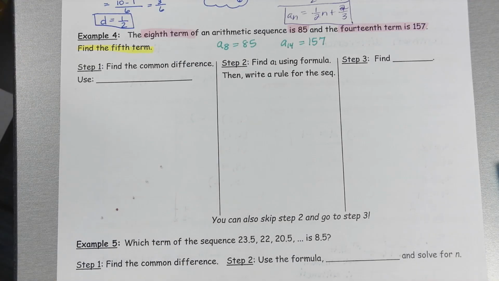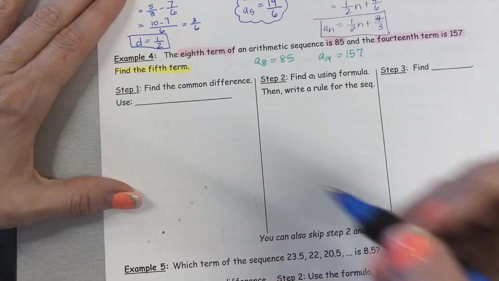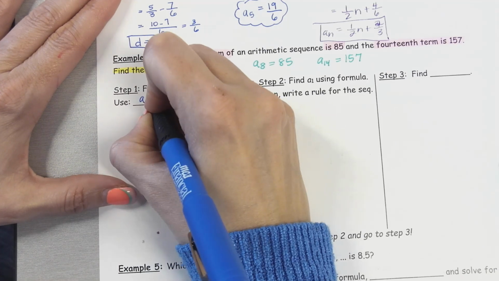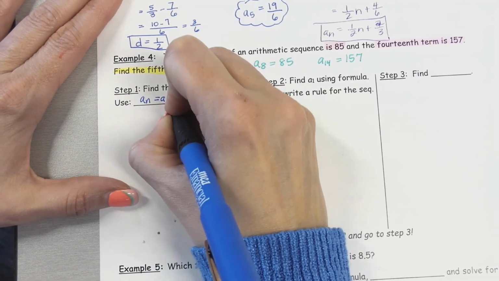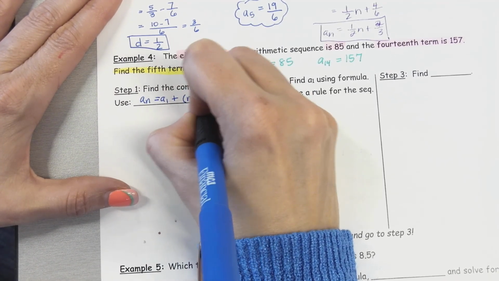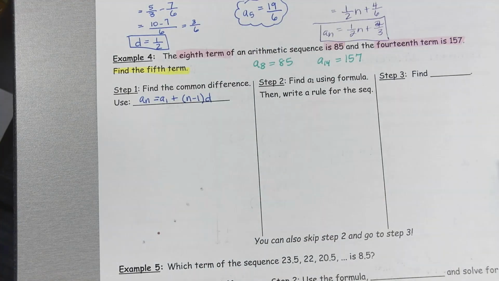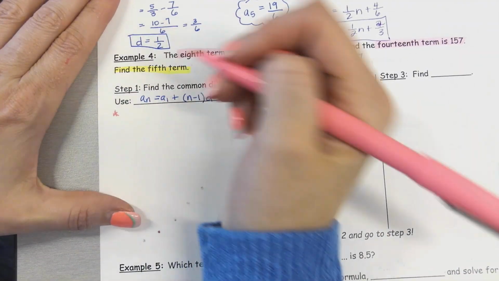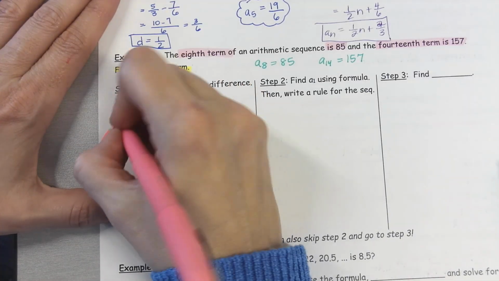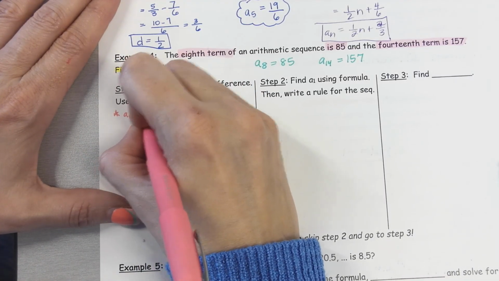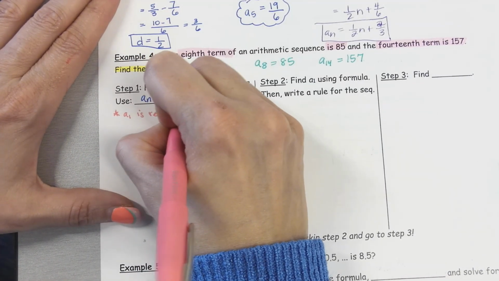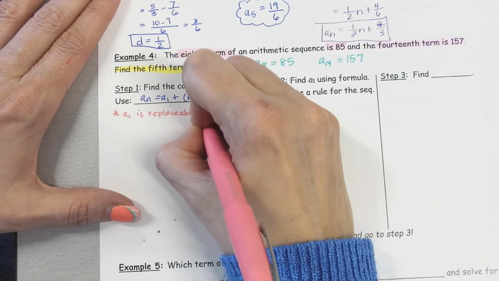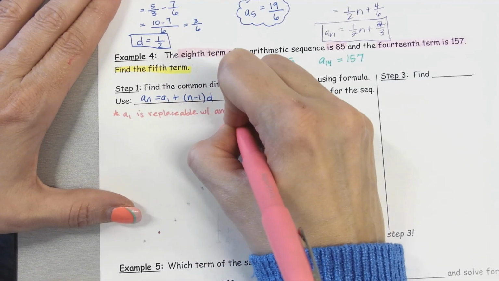So when you're finding the common difference, you can use this equation, a sub n equals a sub 1 plus n minus 1 times d. And what's great about this is a sub 1 is replaceable with any term number.